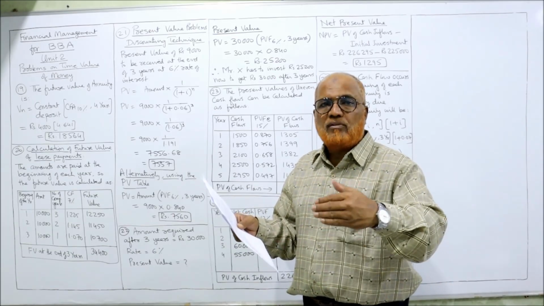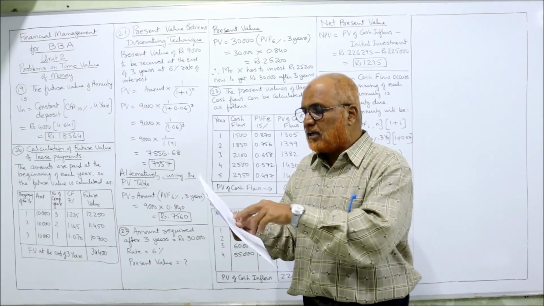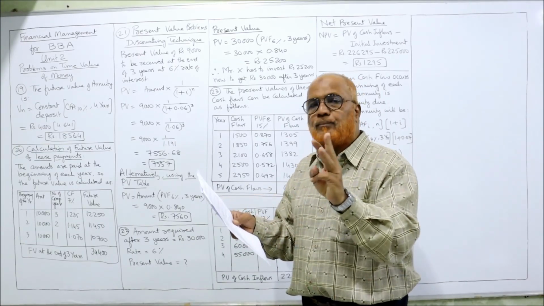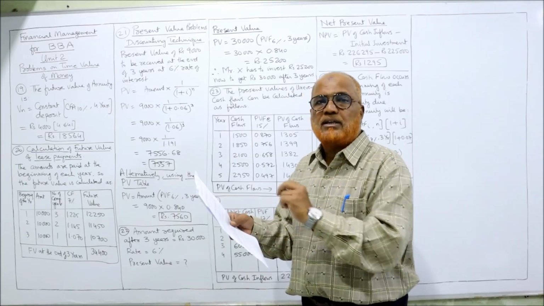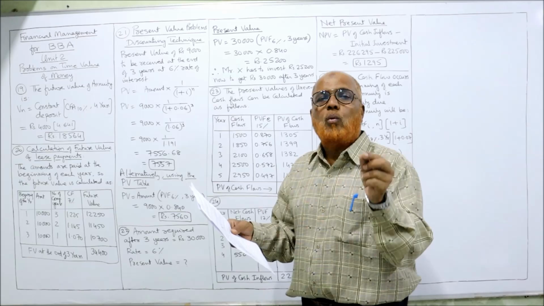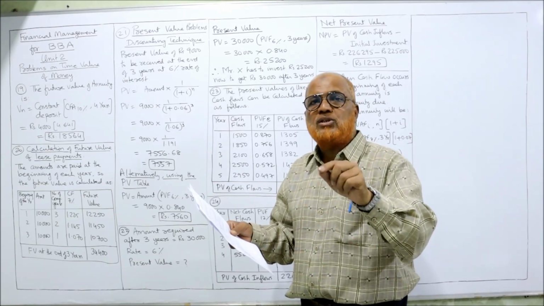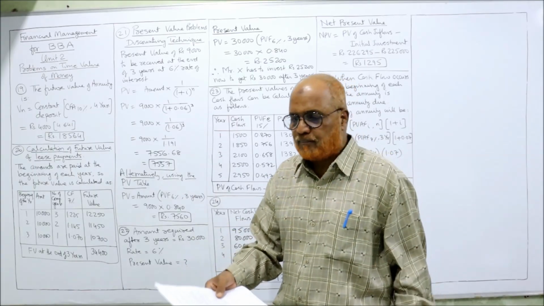So how much investment should he make now so that he can get 30,000 after 3 years? The interest rate is 6%. So we want the present value of 30,000 which we have to pay after 3 years.